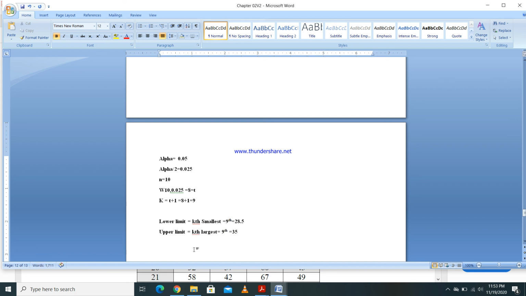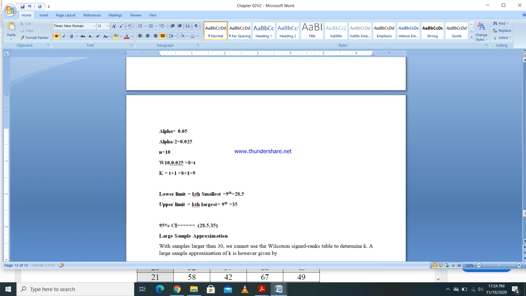So the 95% confidence interval for the population median we can give as 28.5 to 35. This is a 95% confidence interval for the population median, right? So this is how you find the confidence interval using the Wilcoxon signed rank test.